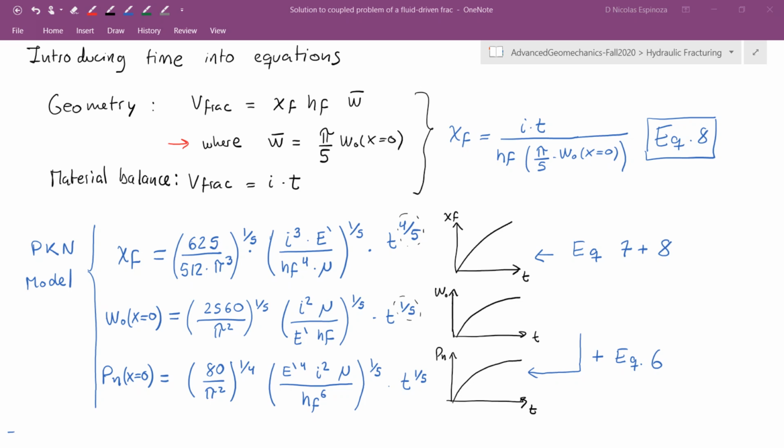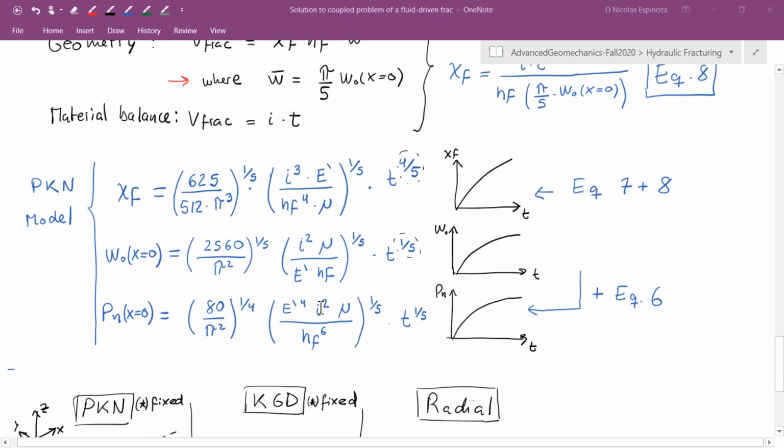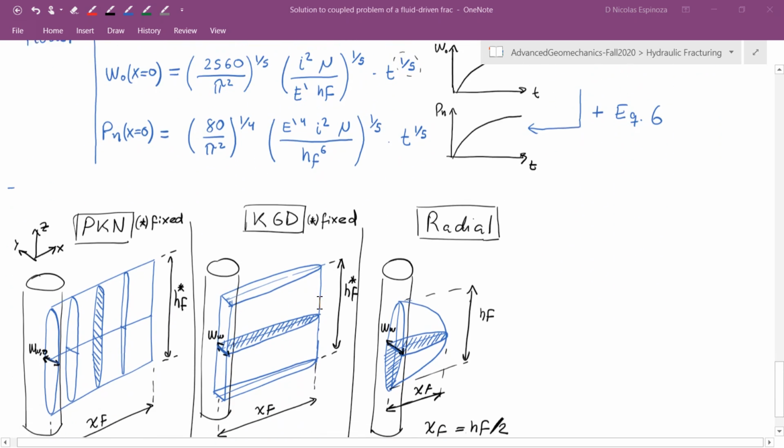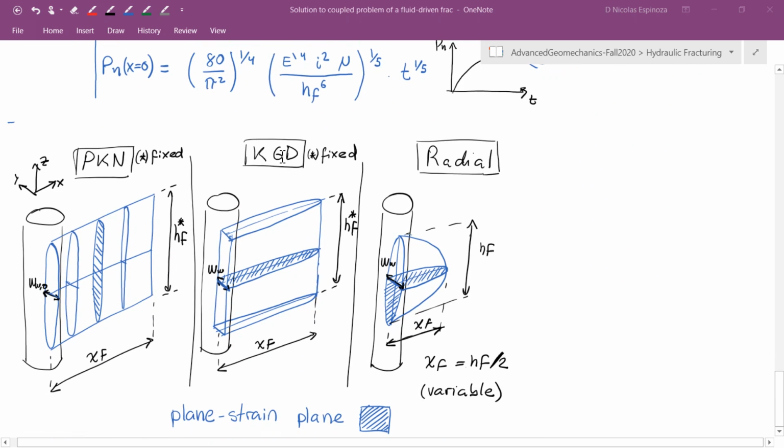For example, here I have two other models, which are called the KGD model and the radial or penny fracture model, in which we can assume the plane strain in different directions, and that will give you a different solution.